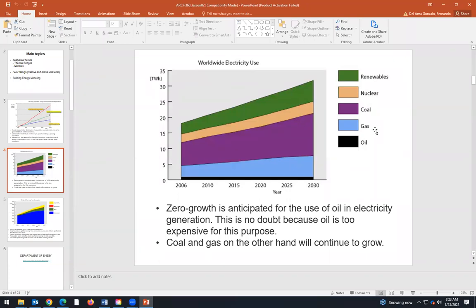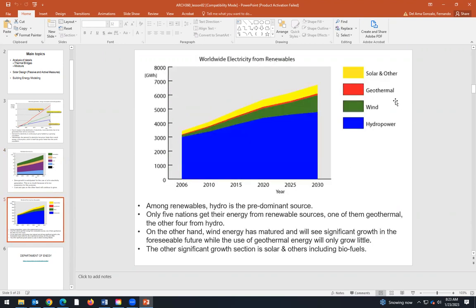And especially, it releases fewer greenhouse gases to the atmosphere than coal or oil. So gas in terms of fuels nowadays is the best thing we can do. And then for renewables, we have the solar panels or geothermal boreholes.